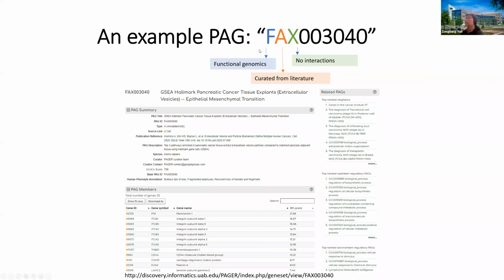Therefore, you can immediately recognize these PAGs by these three letters. So FAX stands for functional genomics, curated from literature, with no interaction reported in that literature. We also provide the metadata to show detailed information on the PAGER website.